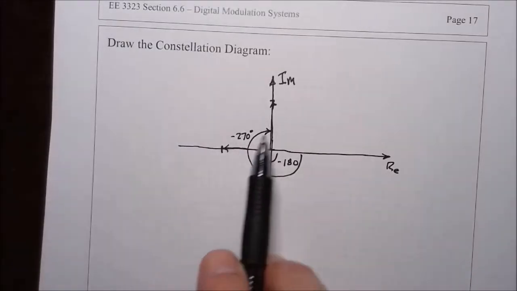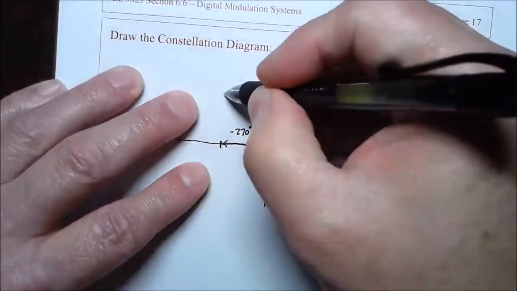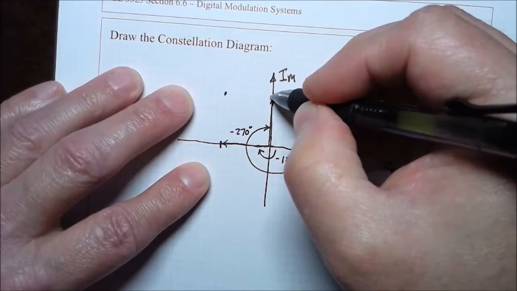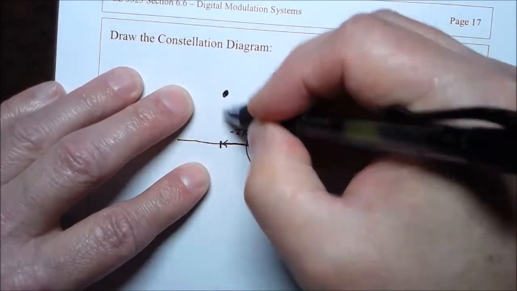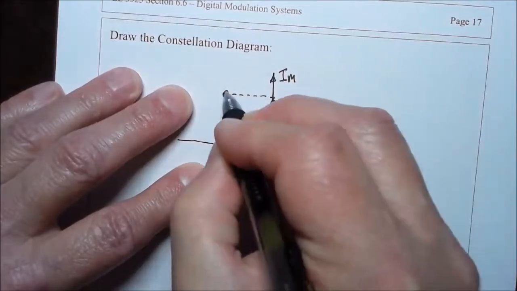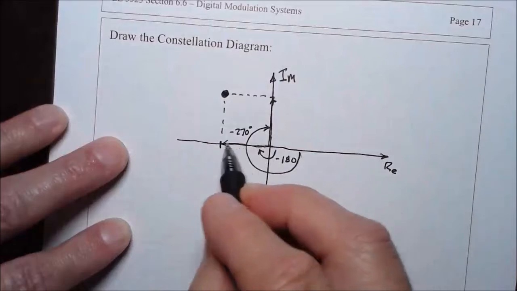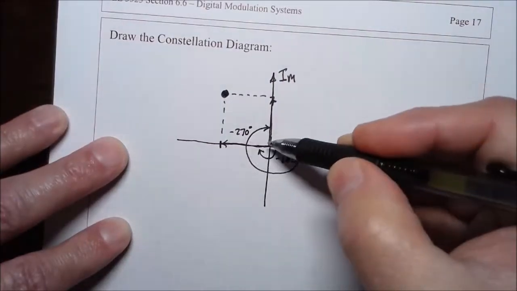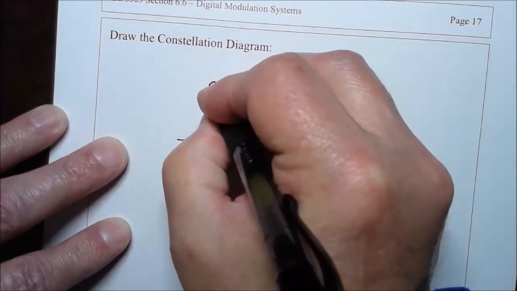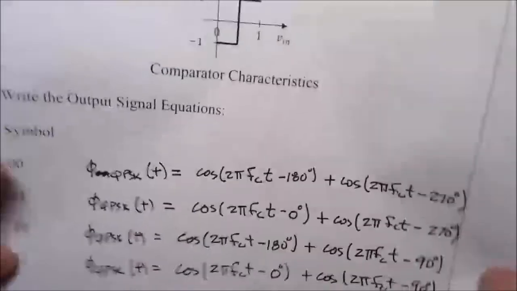So when we add these two phasors together, tail to point, then we get a point in quadrant number 2. Minus 1 along the real axis, and plus 1 along the imaginary axis, and this is for the symbol 0, 0. That's where it falls on the constellation diagram.